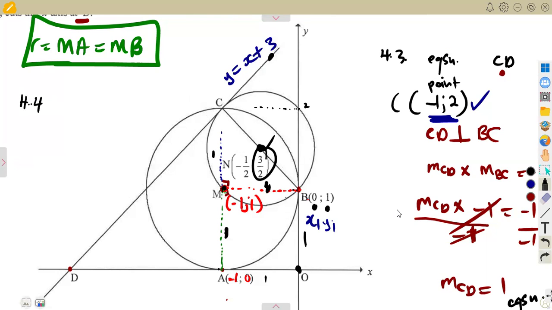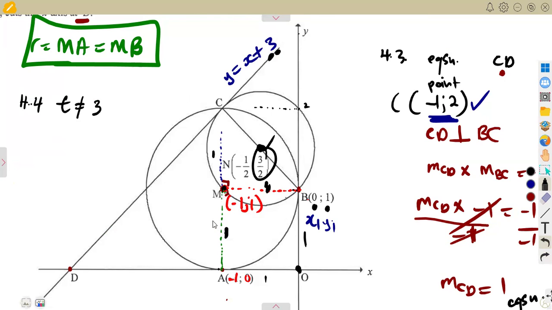That's the y-intercept. If the y-intercept remains at 3, your line is going to cut there at 3 and remain a tangent. But if this value changes, if it is now at 4, or another value which is not 3, it is no longer touching the circle. So our t is not supposed to be equal to 3.